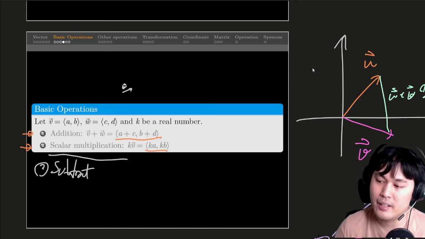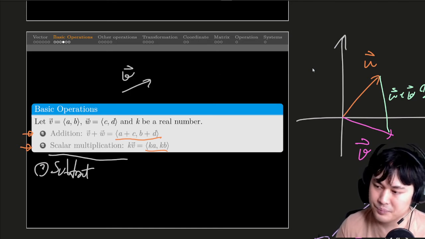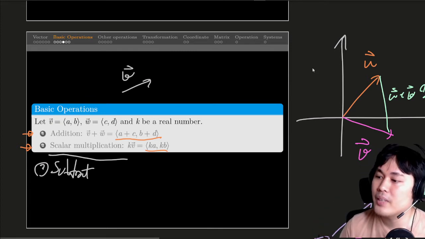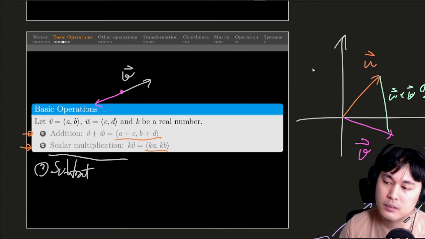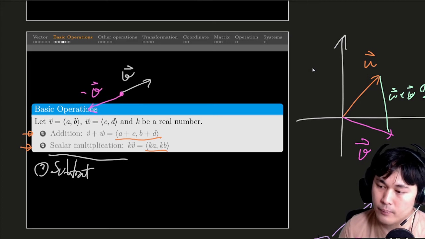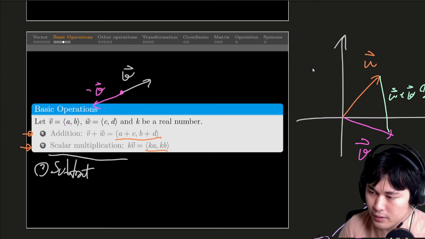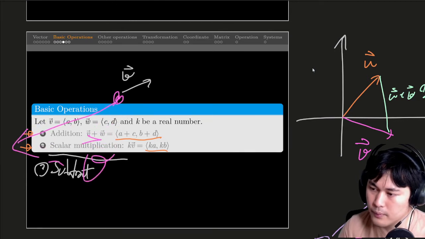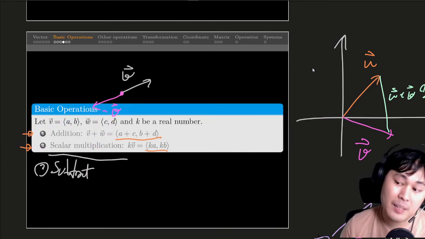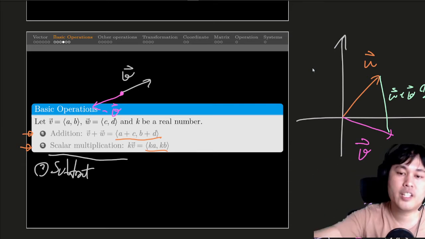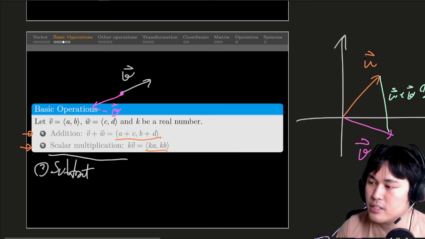I think if you use Photoshop or any image editing software, it also allows you to scale it back in the other direction. Yeah, we scale back. So scalar multiplication is a way of extending, scaling up, shrinking the vector, or changing its direction.